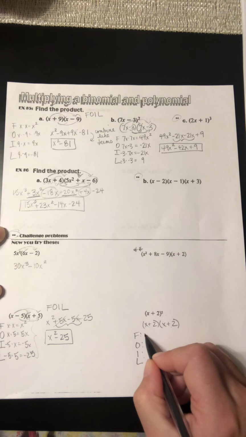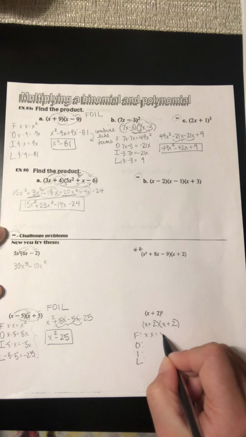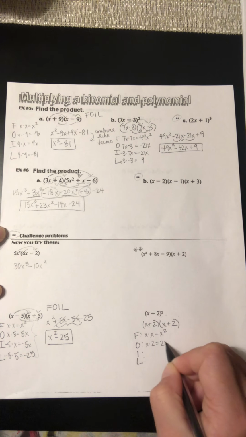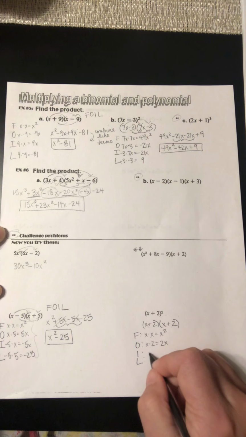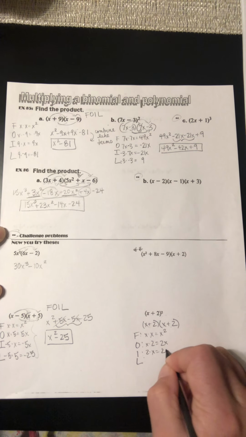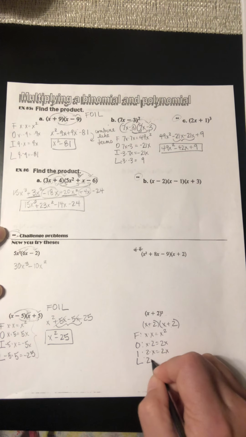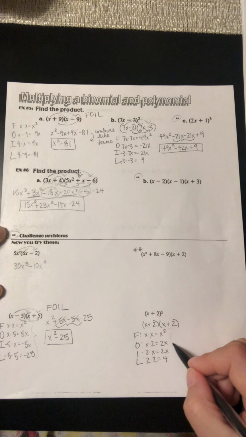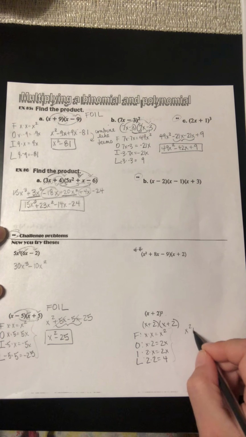That's all it is. So x times x is x squared. Then x times 2 is 2x. Then 2 times x is 2x. And then 2 times 2 is 4. Okay? Then we take our four terms, write it as one expression.